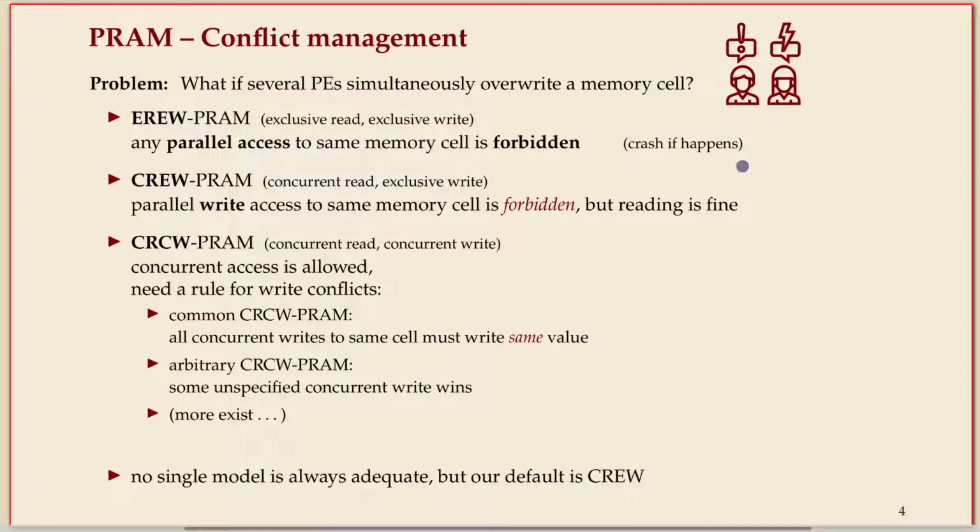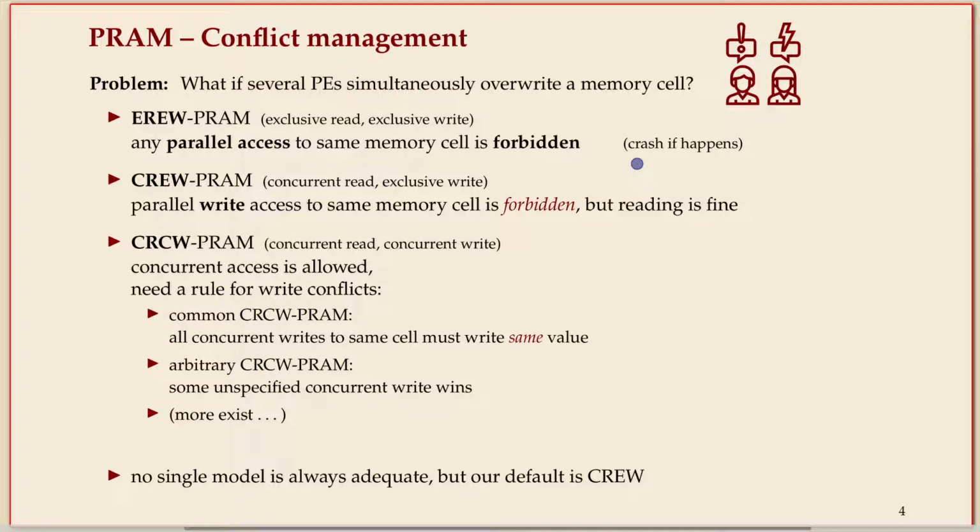And again, you should think about these models as before they start running, they look at the program, and if the program contains writes at the same point, they somehow magically recognize that and say, nope, I'm not even starting. It's the programmer that has to prove this up front, that your algorithm satisfies the restrictions.